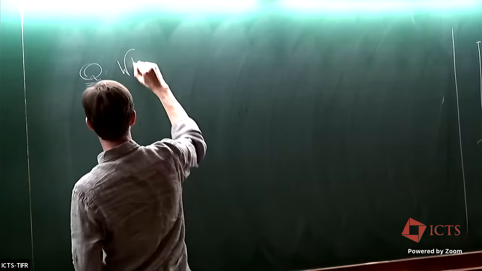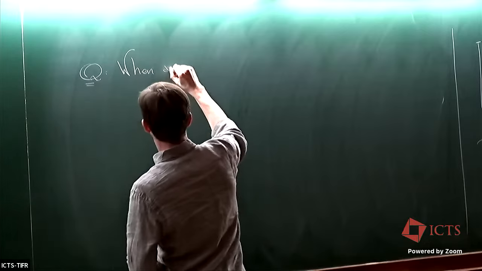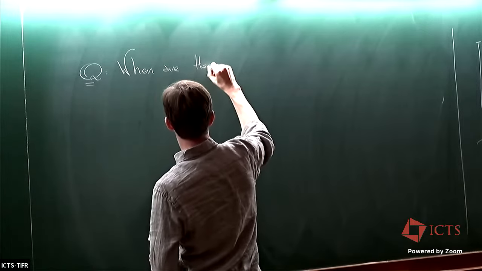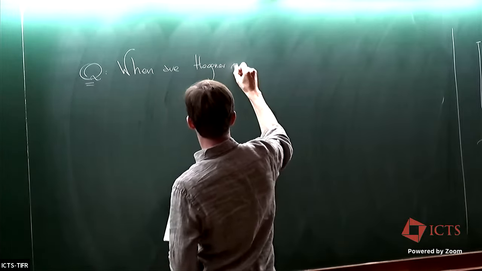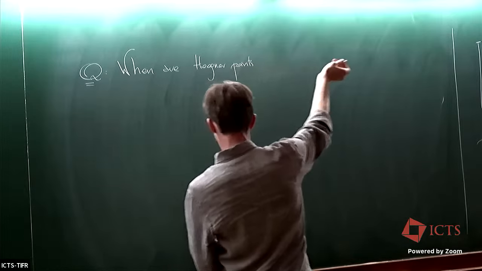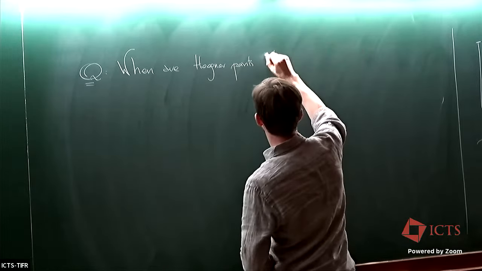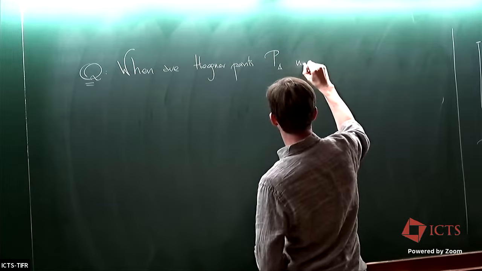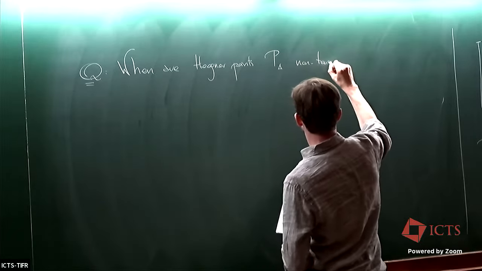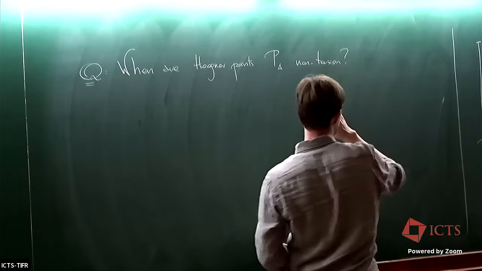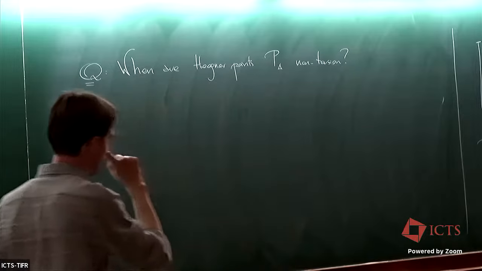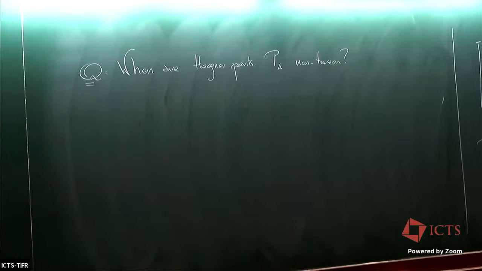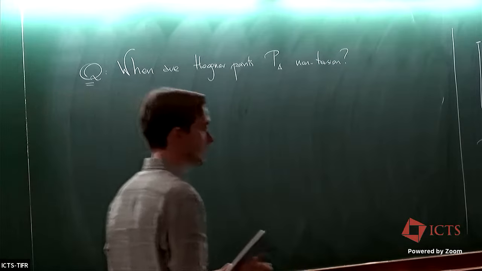So when are these Heegner points I've called P sub delta non-torsion? A very important question that took a long time to answer, but finally it was answered in a very satisfactory way.